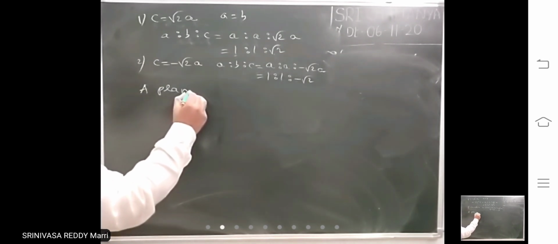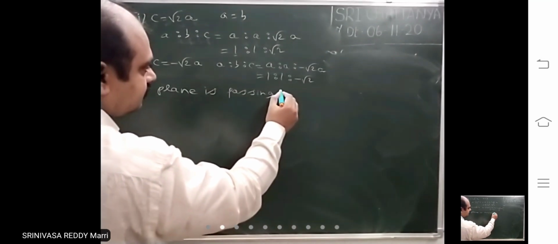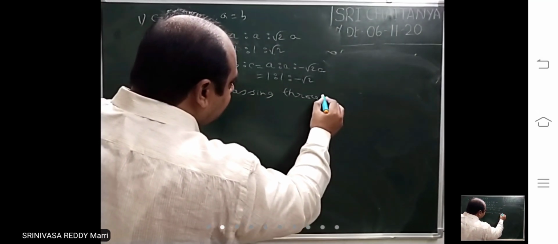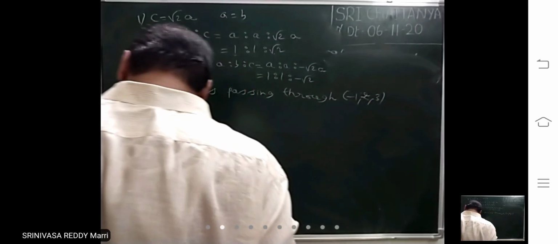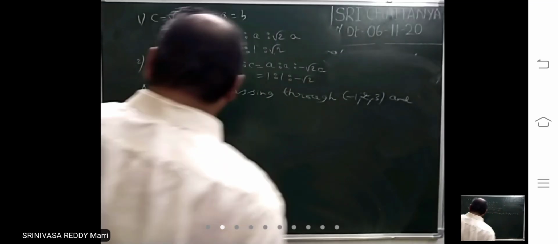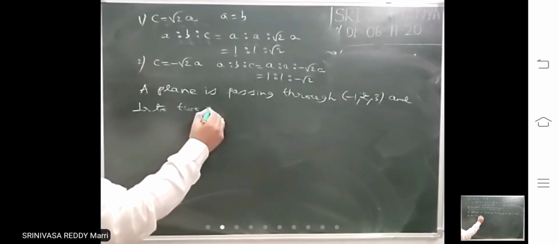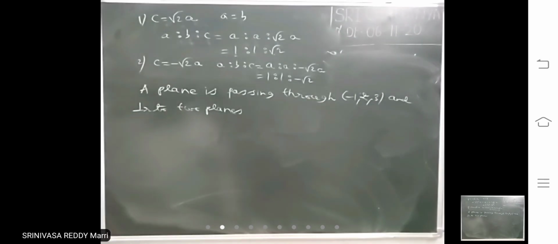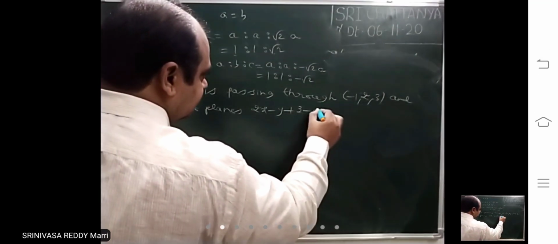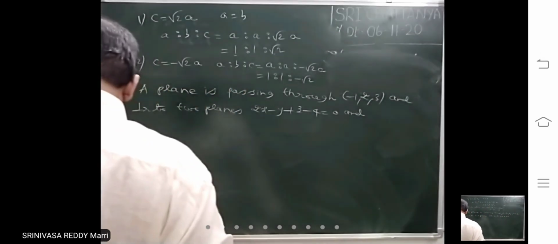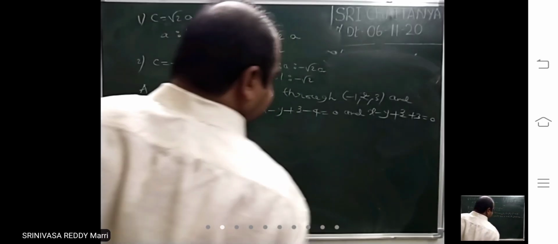Look at the next problem. A plane is passing through minus 1, 2, 3 and perpendicular to two planes, 2x minus y plus z minus 4 equal to 0 and x minus y plus z plus 3 equal to 0.